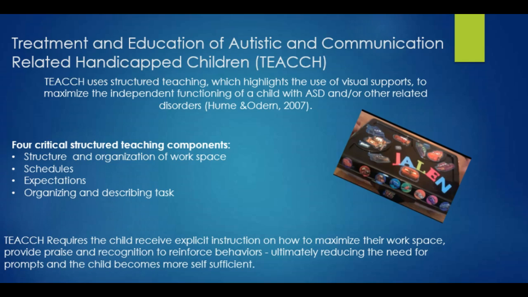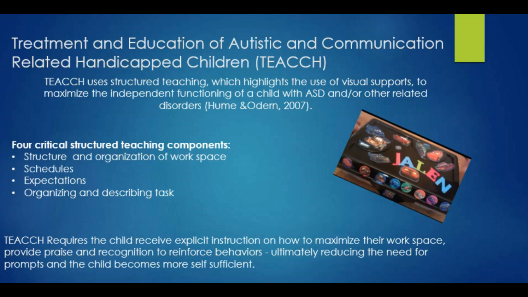Number 3 is expectations, which depicts the work system's detailed expectations of the individual, what you expect from the child during the task. And then number 4 is organizing and describing the task. So basically explicitly describing the learned task to the child so they know what they did, when they did it, what is expected of them when they were doing it, and reinforce that learned behavior.